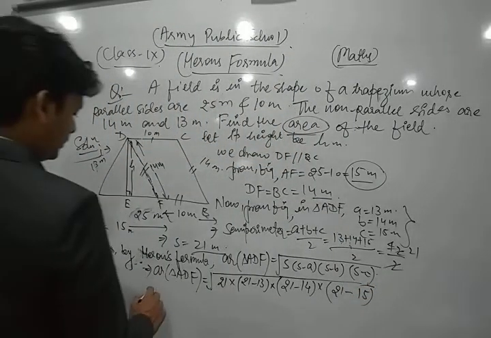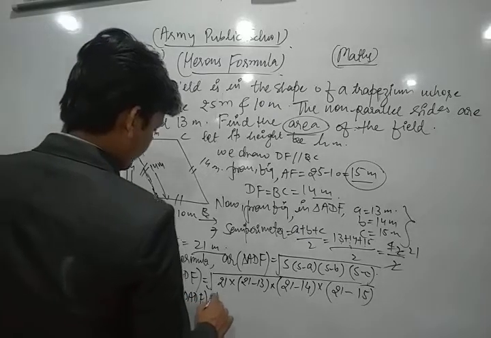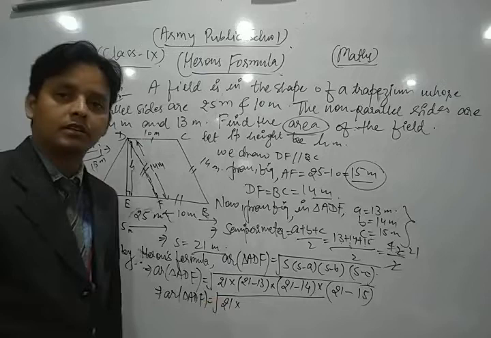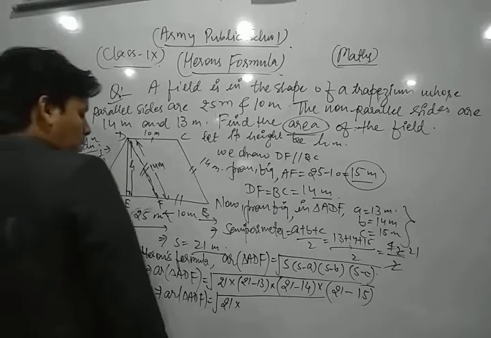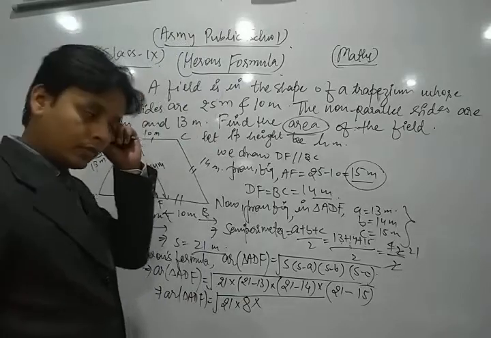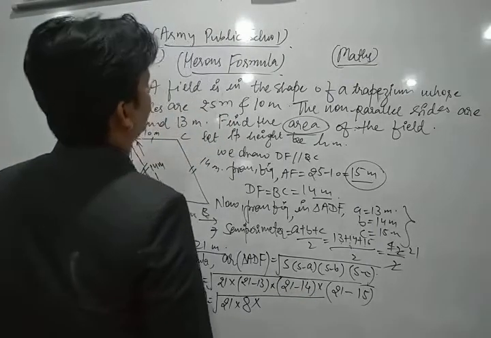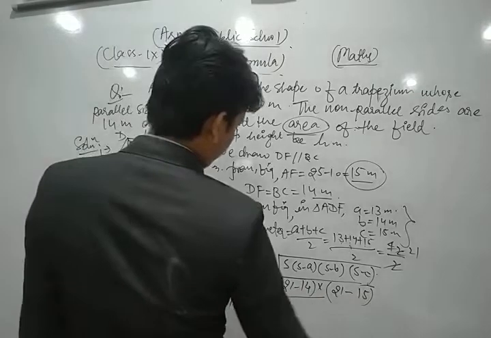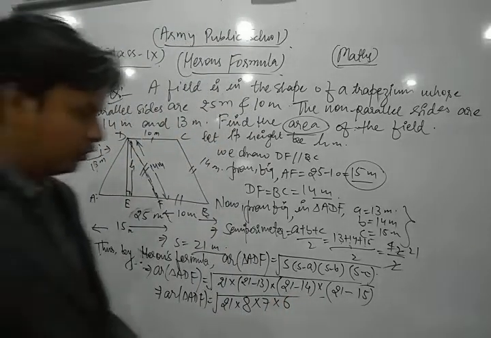Now look, area of triangle ADF is equal to the square root of 21 multiplied by (21 minus 13), 8 is left here, into (21 minus 14), that is 7, and (21 minus 15), this is 6.